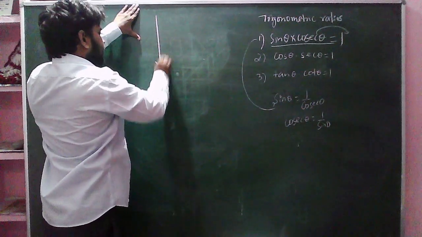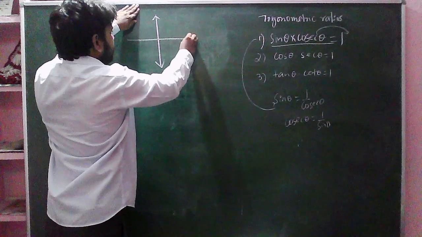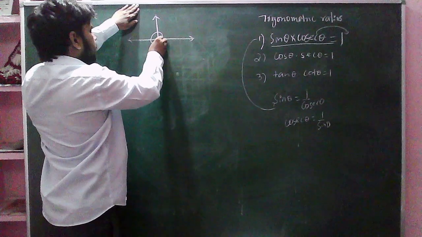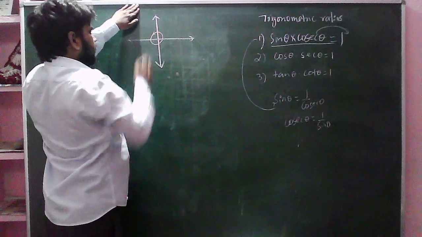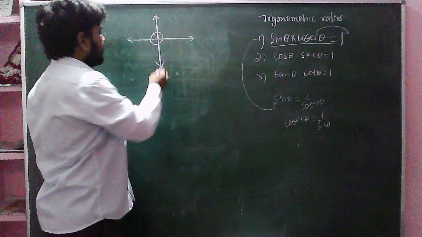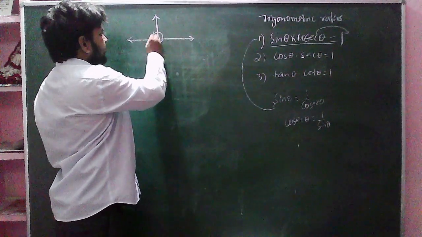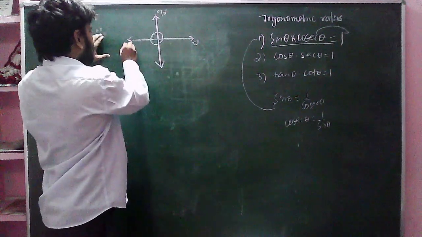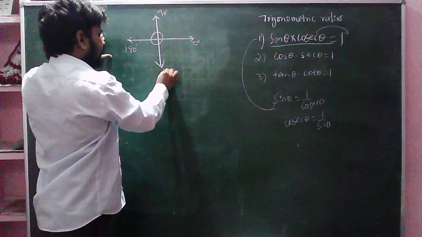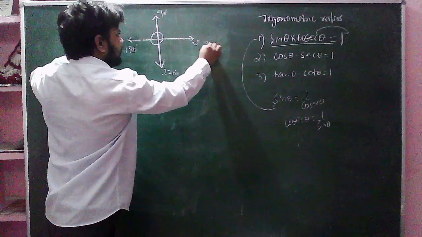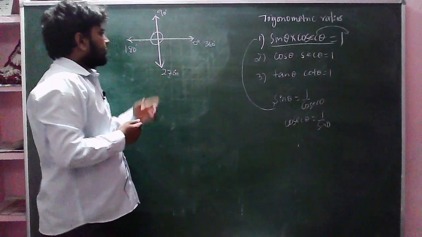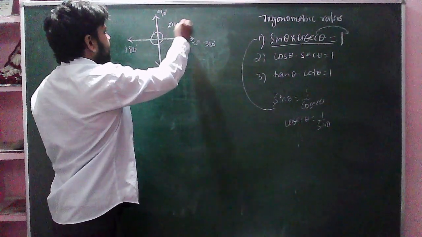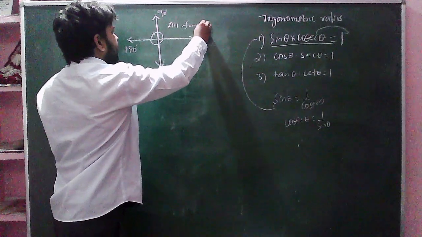Whenever we have these coordinate systems, when we move in the anti-clockwise direction, this is 0 degree, this is 90 degrees, this is 180 degrees, this is 270 degrees, and up to 360 degrees we can have. When we have this, all trigonometric functions are positive.